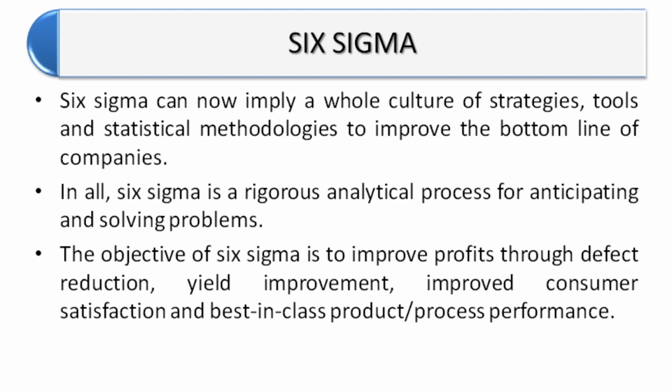The main objective of Six Sigma is to improve profits through defect reduction, yield improvement, improved customer satisfaction, and best in class product or process performance. So Six Sigma is a quality driven approach, and we have to satisfy the customer needs, but also whatever products you are manufacturing, whatever products you are delivering out of your plant, there you have to implement this Six Sigma process. This is what Six Sigma is about.